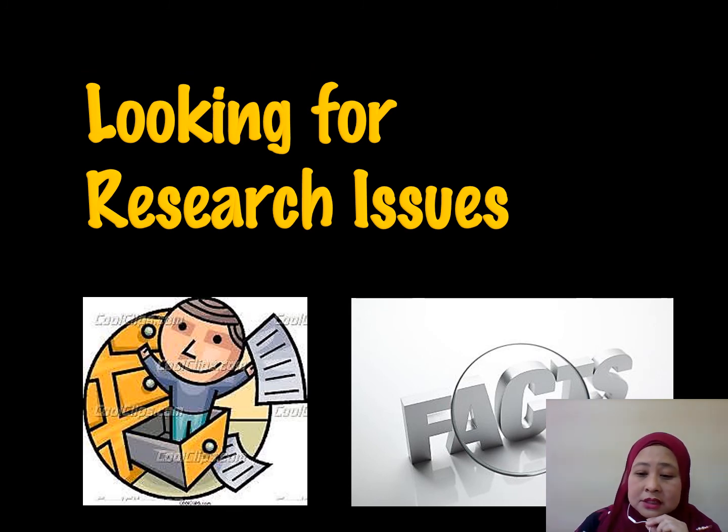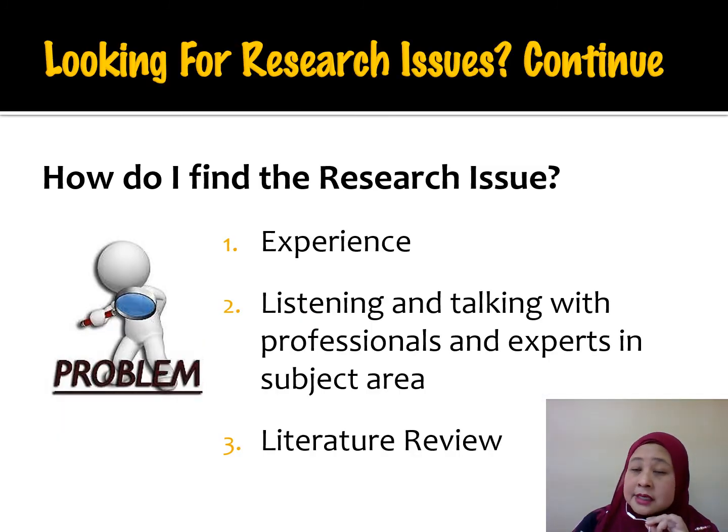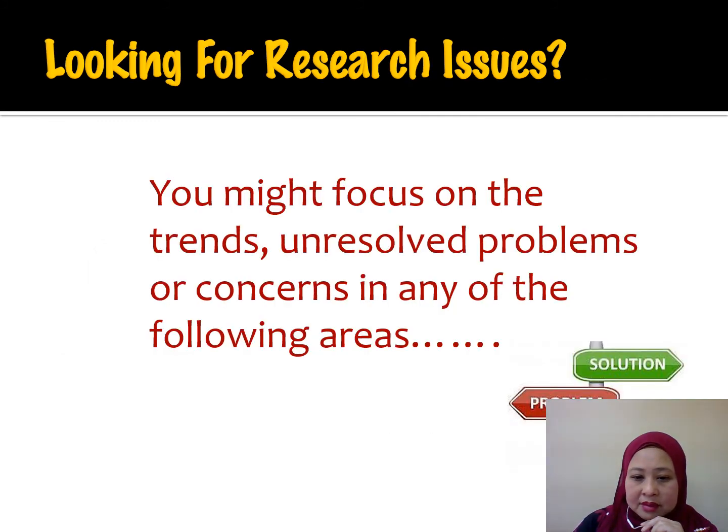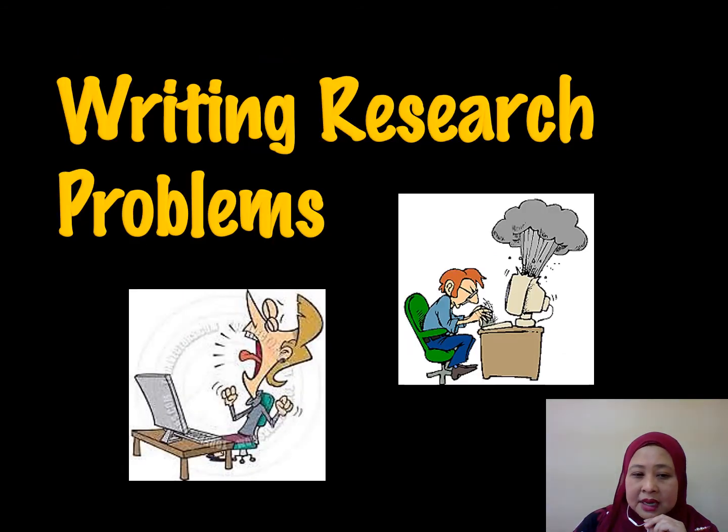Looking for research issues is through experience and from listening and talking with professionals and experts in the subject area. This is what we call the preliminary interview. And then from your literature, looking for research issues, you might focus on the trends and unresolved problems or concerns in any of the following areas.